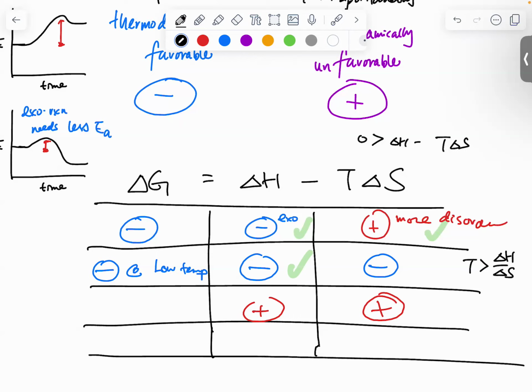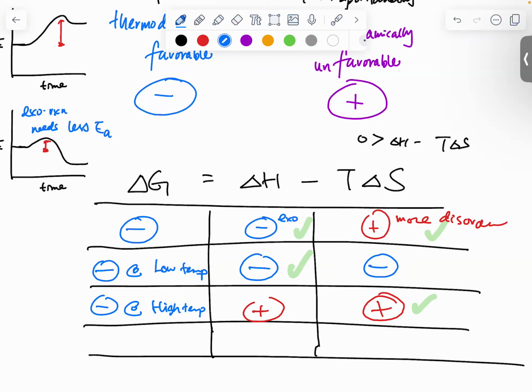Okay. Or just go ahead and calculate this. Just make sure you set an inequality. Okay. And then for the third scenario, our positive delta S would be a great help, right? So this would be negative at high temperature because you want to have a big subtraction.